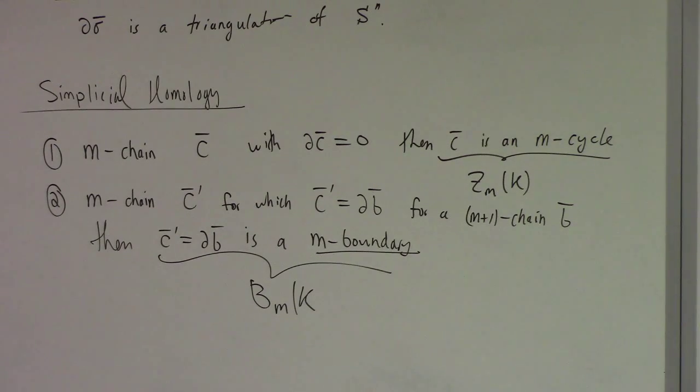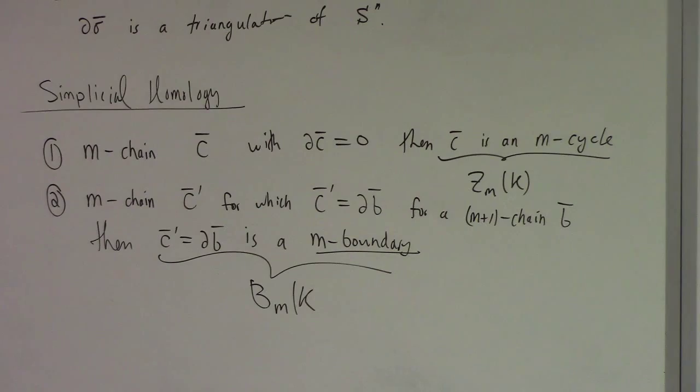So this gives you a way of talking about two chains being homologous. If I have two chains which differ by a boundary chain, then they're said to be homologous. In strong analogy to what we talked about with cohomologous forms. Cohomology was based on something that went from P forms to P+1 forms.